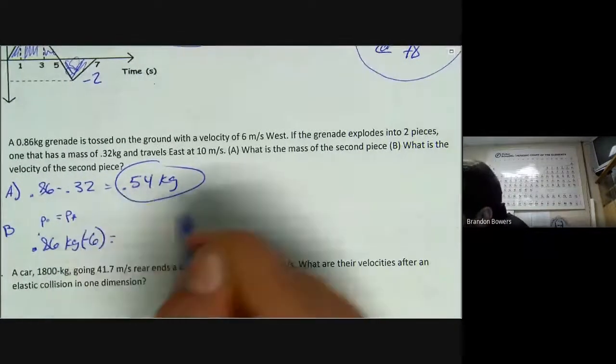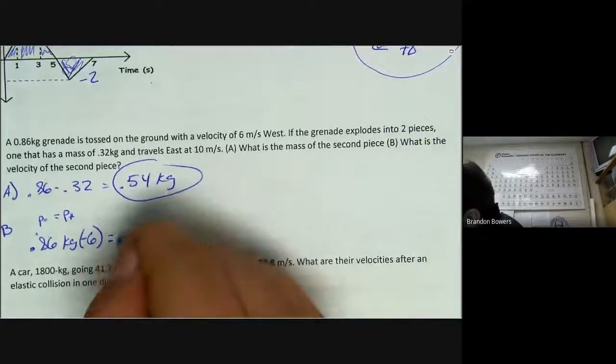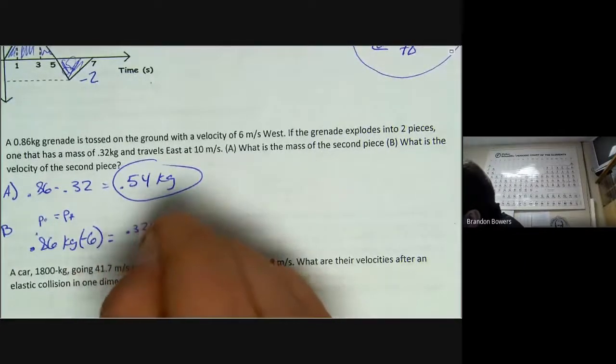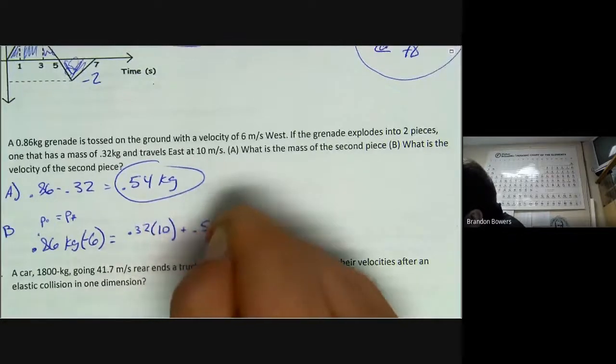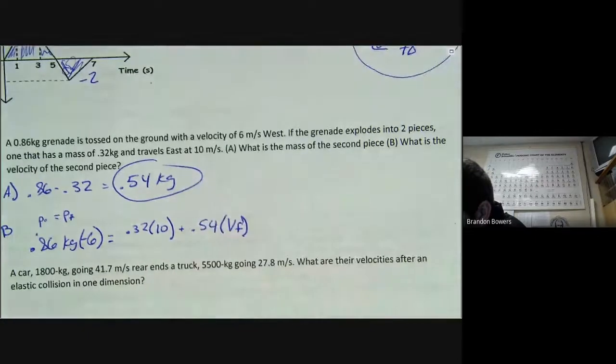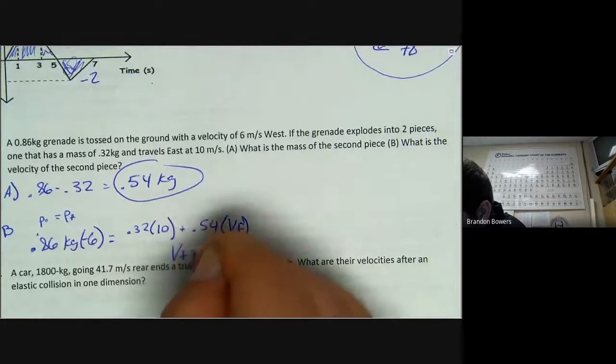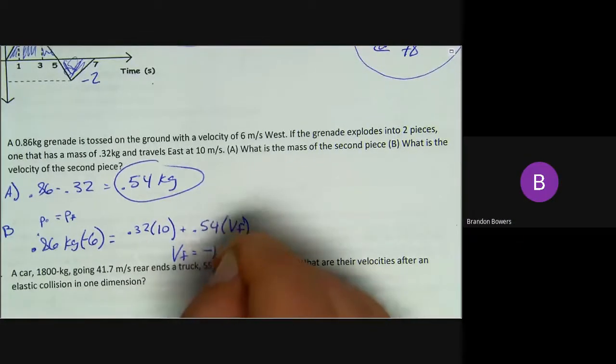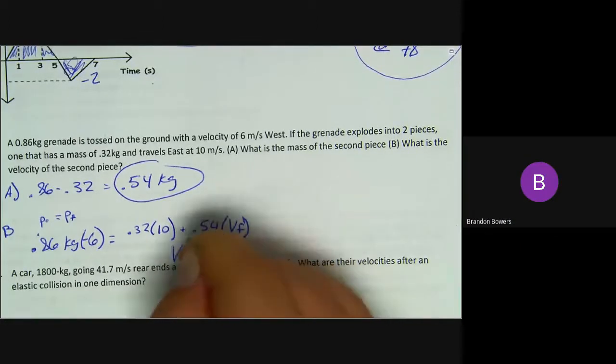That is equal to the mass of the first piece, 0.32 times 10, plus the mass of the second piece times its final velocity. When you solve for the final velocity, Vf ends up equaling -15 meters per second.